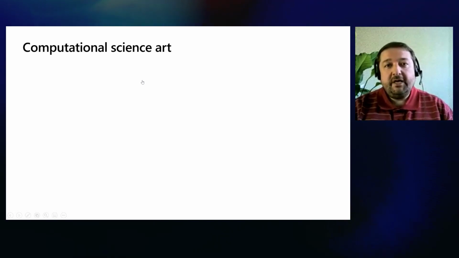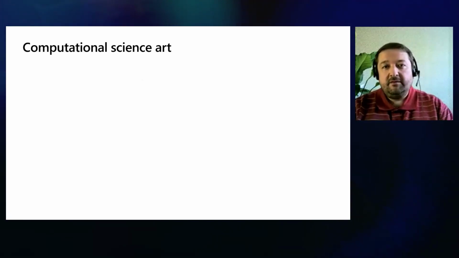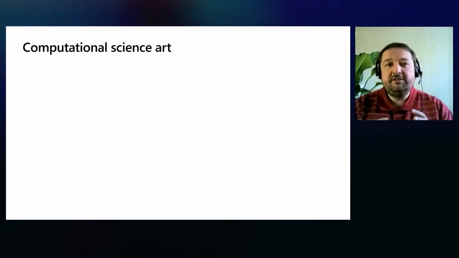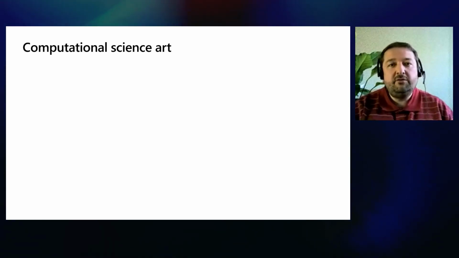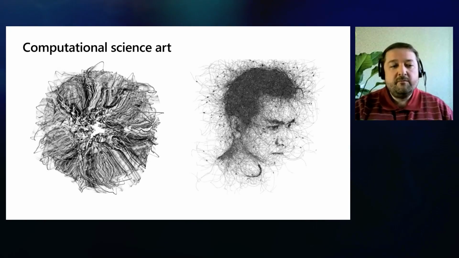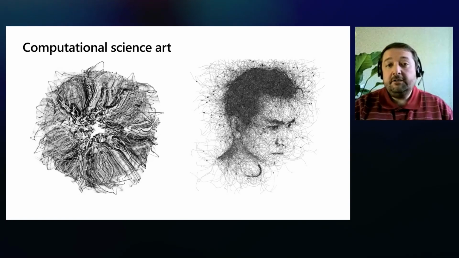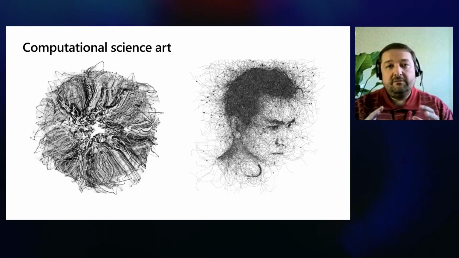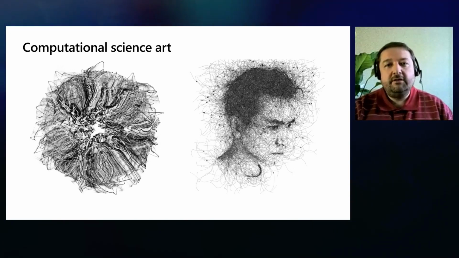However, today I want also to talk about art, because programming is a very beautiful discipline. By writing code, you can create beautiful artistic artifacts, like this one, for example, or this one. And there is a whole direction of art called computational science art, which uses computers to produce this kind of art.